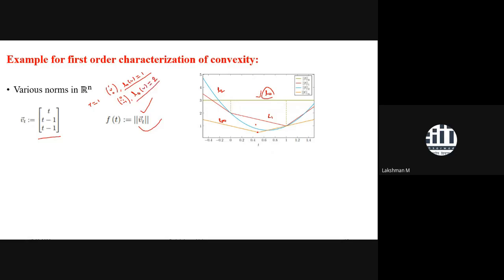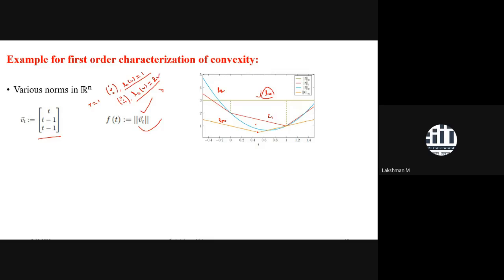So it varies from 1 to 2, and the maximum would be 3. If you take t other than 0 and 1, it would always be 3. That's why 3 is given here. So only in two scenarios: for t equal to 1 you get L0 norm 1, and for t equal to 0 you get L0 norm 2. Otherwise, the L0 norm would be 3.